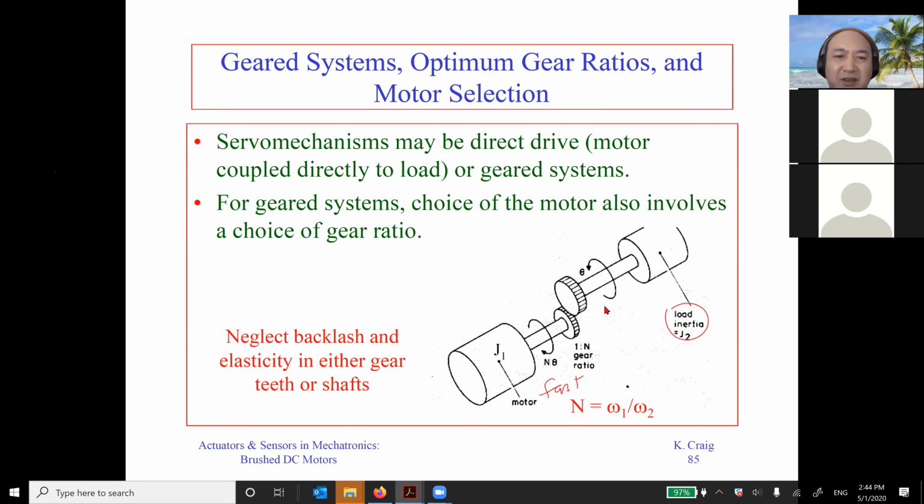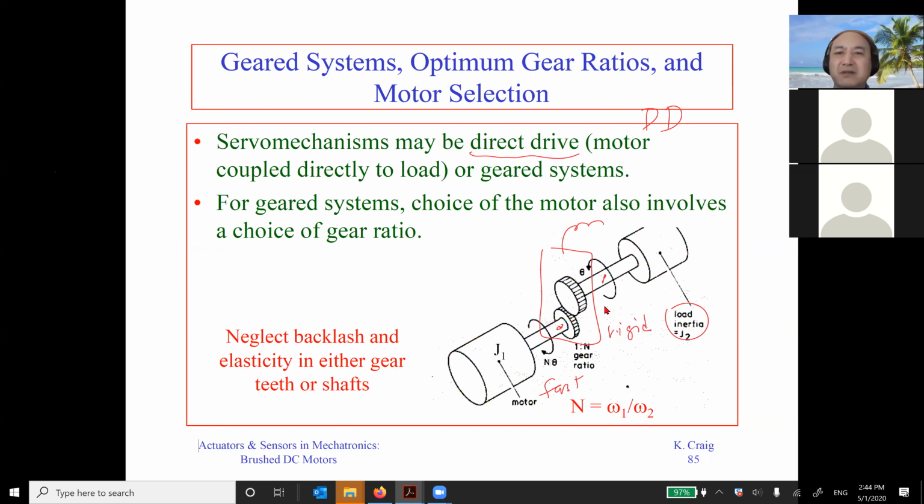In this case, let's assume we neglect the gear backlash and elasticity, so we assume everything is rigid. This is called a connected gearbox. But you can remove the gearbox, then these two shafts connect together. This is called DD, direct drive.